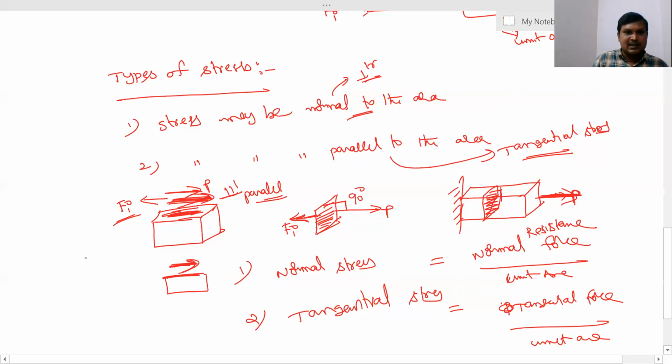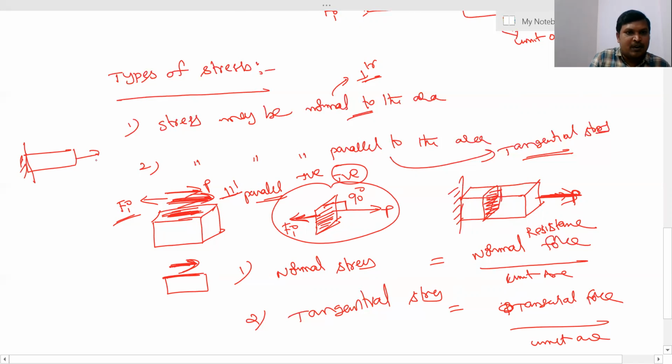The normal stress may be positive or may be negative. This is a member, this is a constraint. If you are applying a pull force, this is called tensile stress, normal tensile stress.